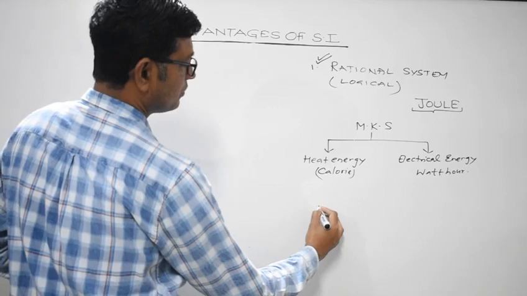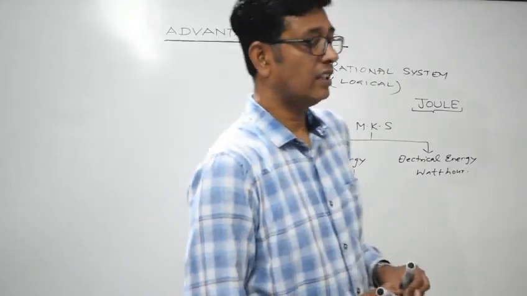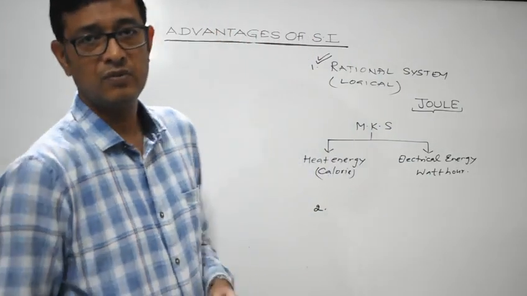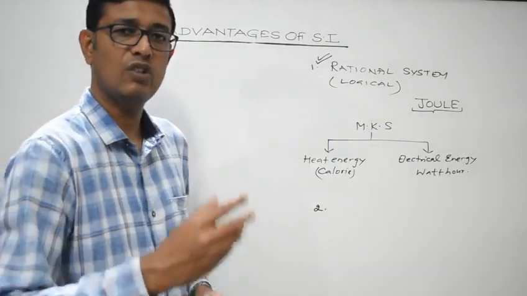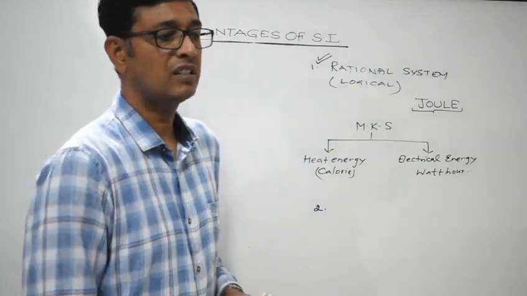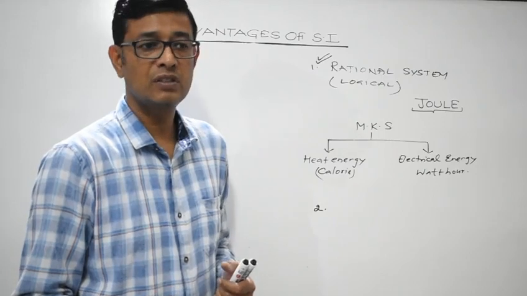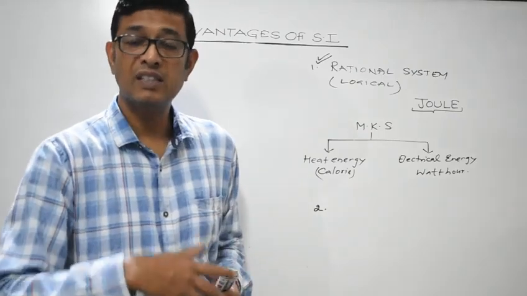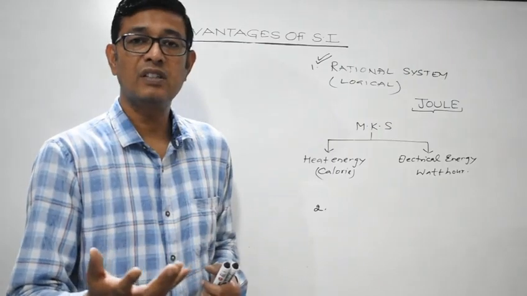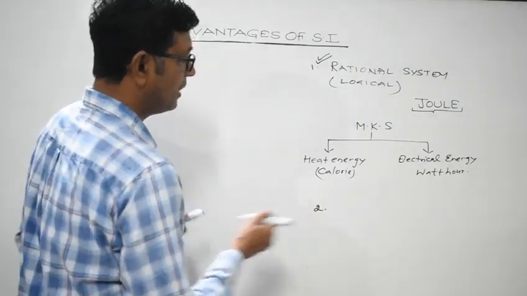Second is, SI is a metric system. Obviously, CGS and MKS are also metric systems. Metric system means the multiples and submultiples can be expressed as powers of 10.